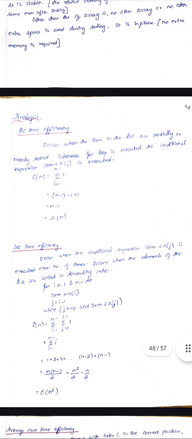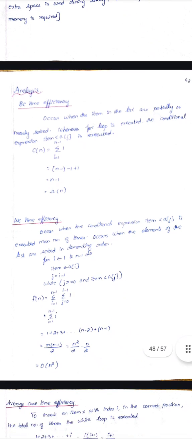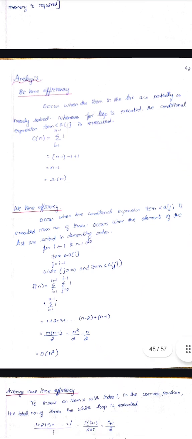Analysis. First the best case time efficiency, when the list is already sorted. Whenever the for loop is executed, the conditional expression item less than a of j is executed once. So at that time you will have big omega of n.